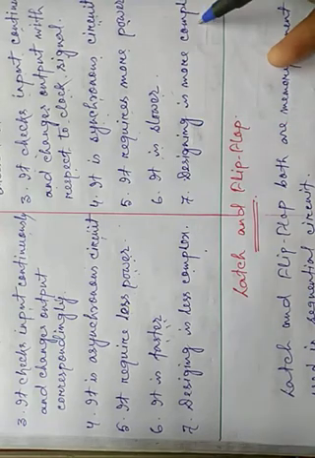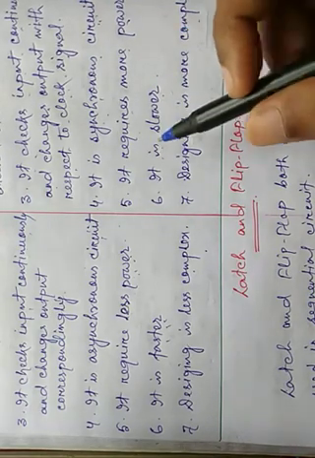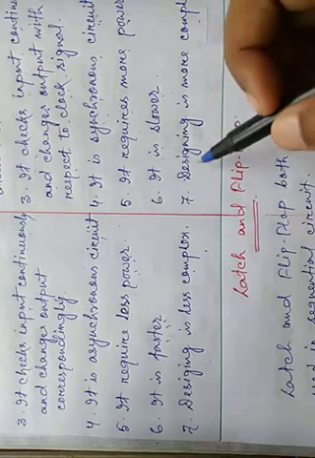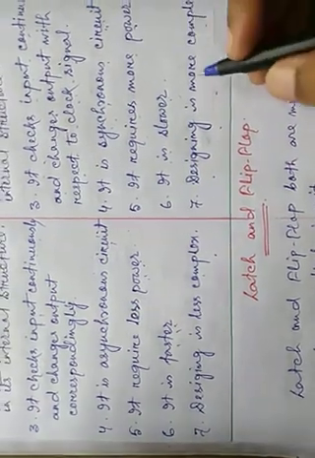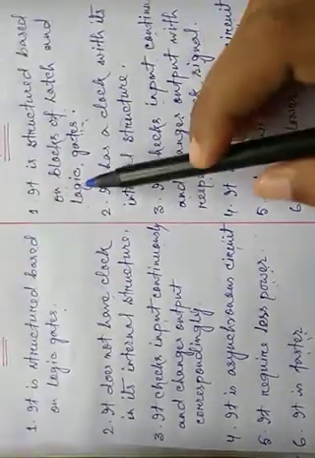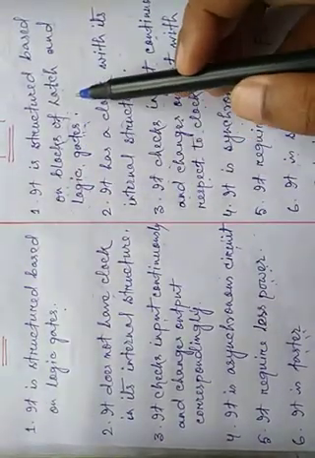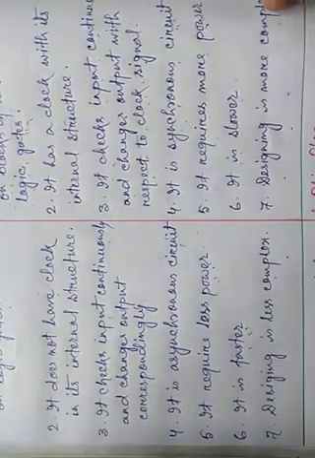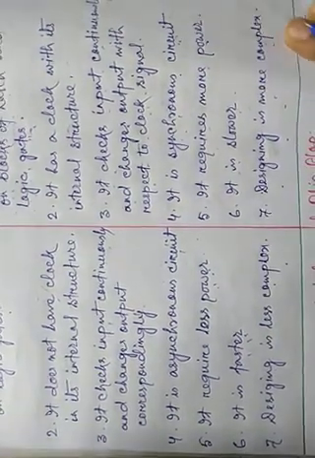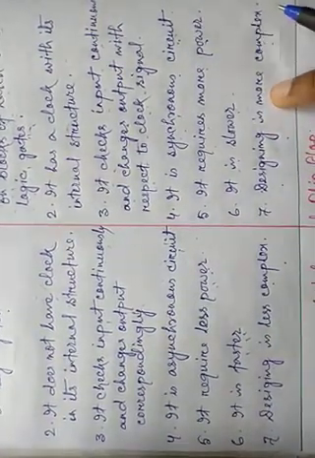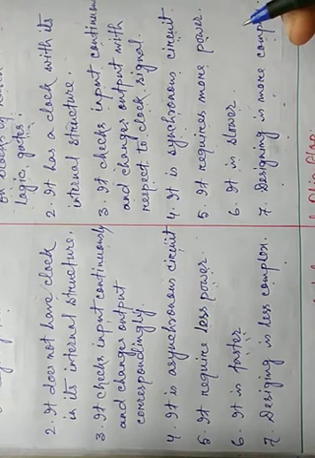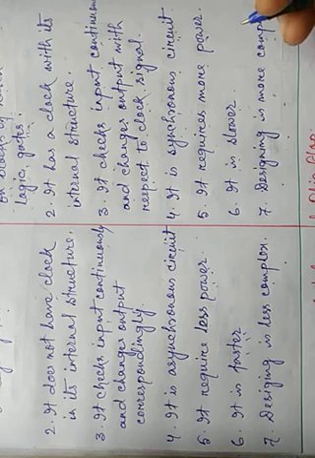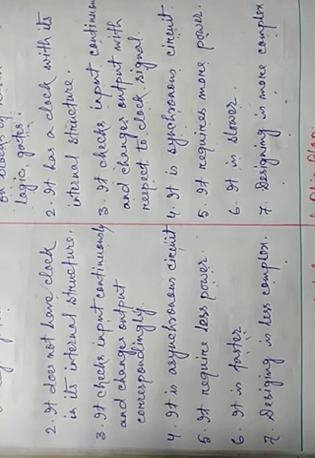Designing a flip-flop is more complex because it needs extra logic gates for creating the clock signal. These are the differences between latch and flip-flop. In our next video we will learn about the truth table of latch and flip-flop.